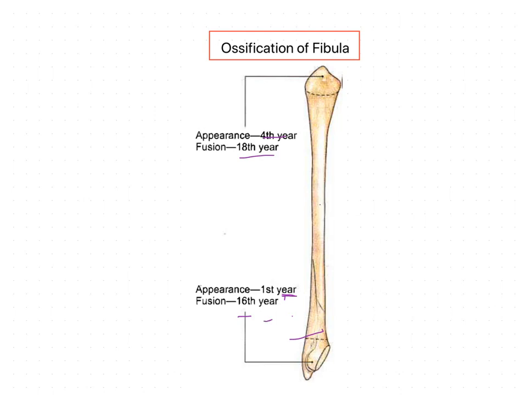That is the thing we can note in the ossification of the fibula. This is all about the attachments of the fibula on the lateral malleolus and also the ossification of the fibula.